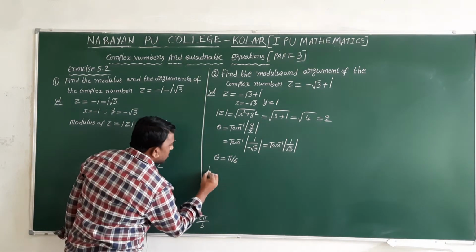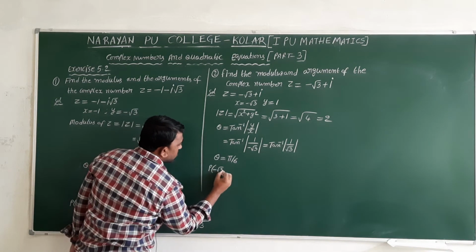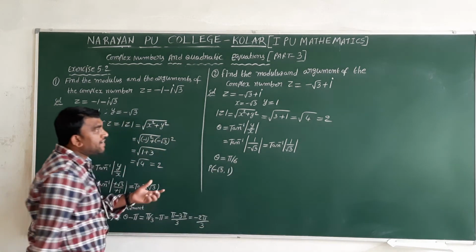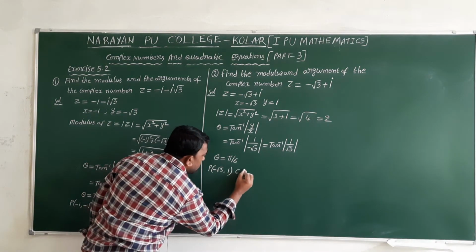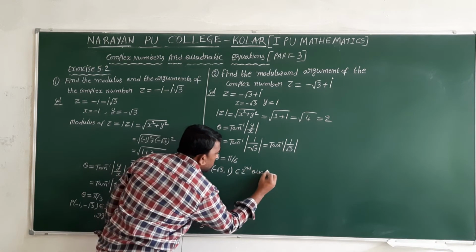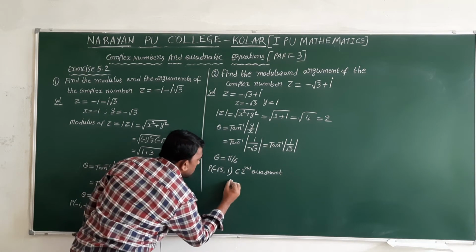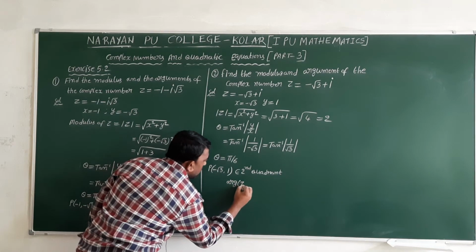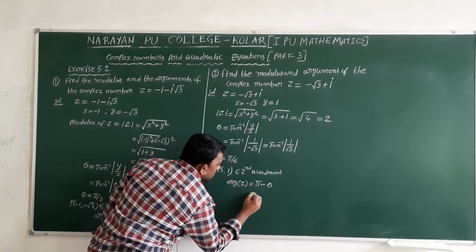Now the argument of Z. The point is minus root 3 comma 1. X is negative, y is positive. Which quadrant? Second quadrant. It belongs to the second quadrant. The argument of Z is pi minus theta.